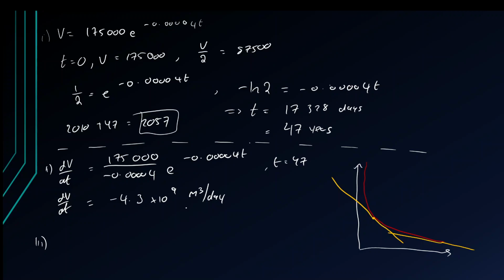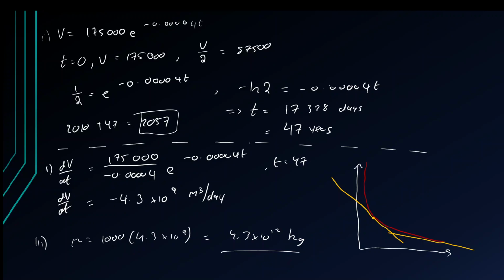4.3 times 10 to the 9 cubic meters per day. If this is water, for instance, the mass of the water would be 1,000 lots of this, which would be 4.3 times 10 to the 12 kilograms of water.